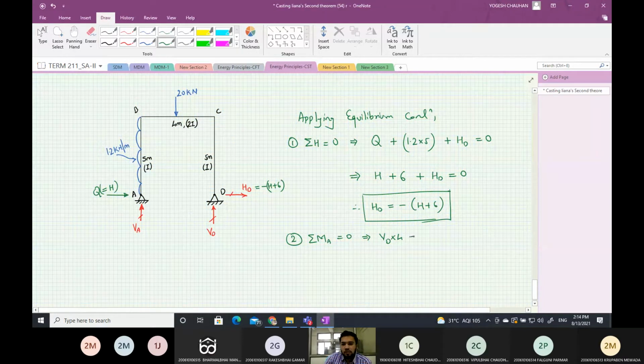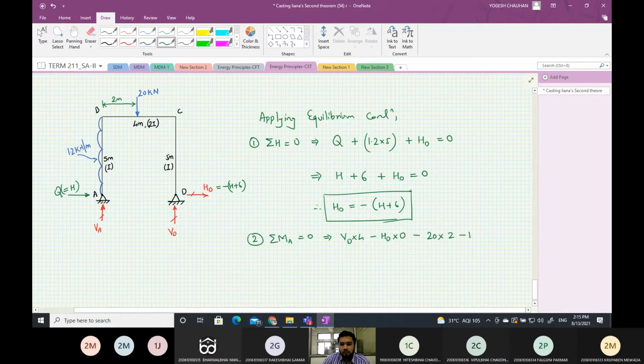So minus HD into 0, because the lever arm distance is 0, minus 20 into 2, this distance is 2 meter, total is 4 meter. It is acting in clockwise direction. Then minus 1.2 into 5 square by 2. This will be equal to 0.